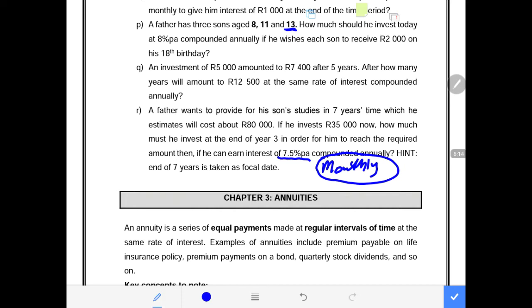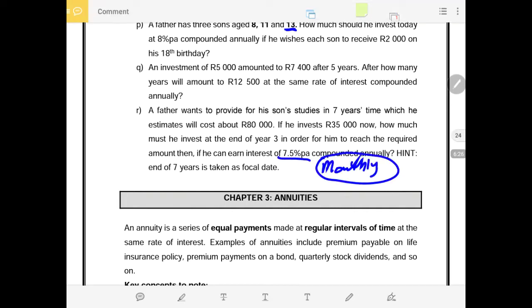Sometimes you compound by reinvesting the interest yourself, so you earn interest on interest after reinvesting. But from a practical perspective, even for those who have done investments, it is very seldom that in South Africa there will be monthly compounding. So the annual interest rate is very, very popular.